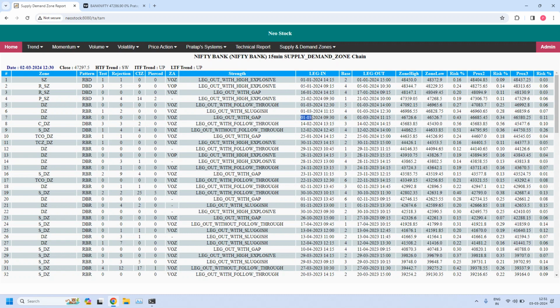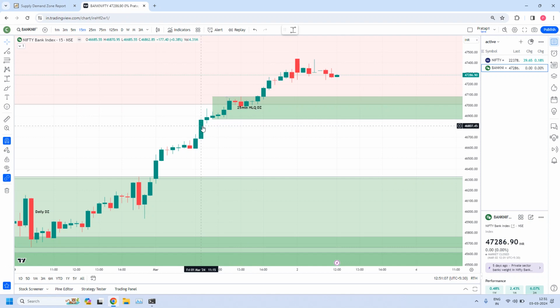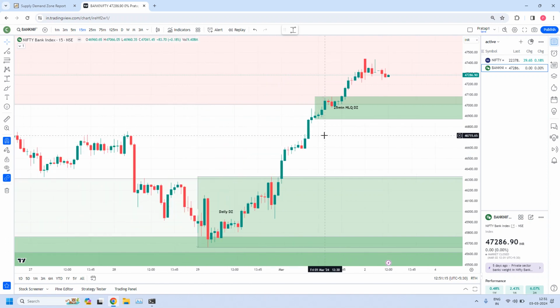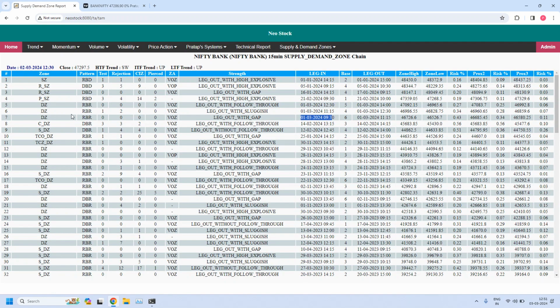So this is also 13th, but 9:30, 6 candles are there. 13th, 9:30. Are we seeing the right one?